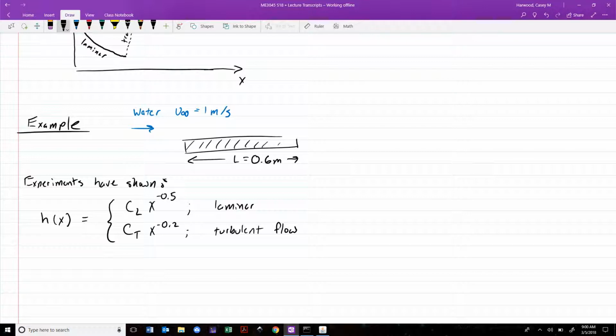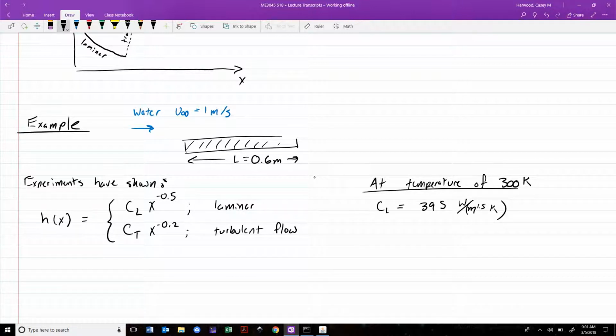Additionally, it's been determined that at a temperature of 300 Kelvin, C sub L, our laminar coefficient, is equal to 395 watts per meter to the 1.5 Kelvin.